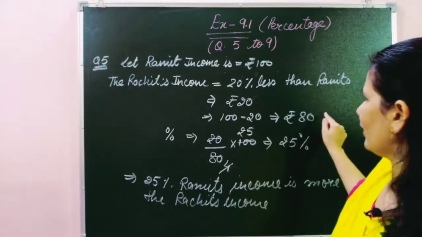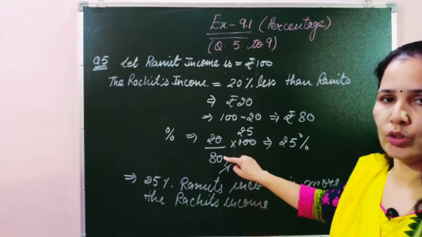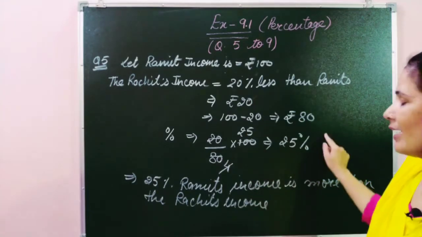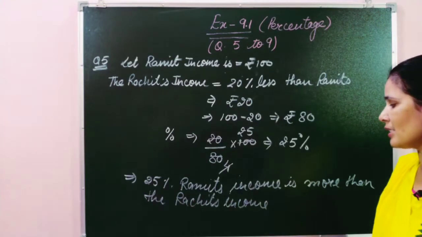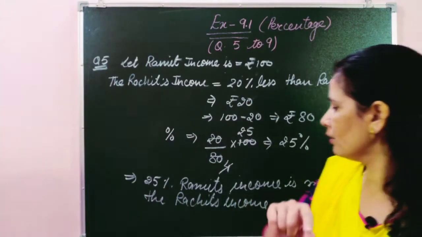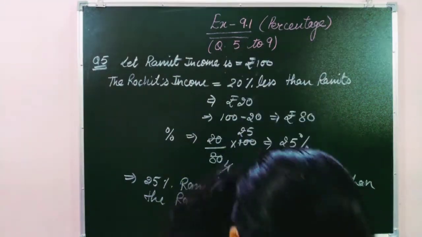Then we have to find out: this is the part, this is the total. So part divided by total, multiplied by 100, then we get the percentage, that is 25%. So hence we can say Ramit's income is 25% more than Rachit's income. So this is our question number 5. Let's move to the next question.